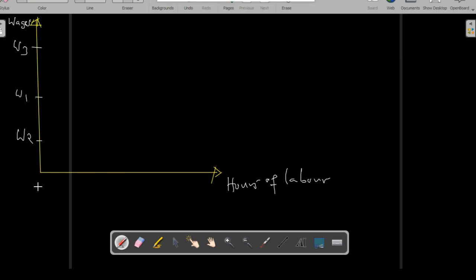We want to demonstrate how, when you pay workers more wages, they leave working and go to leisure, and how absenteeism affects the workplace of a given area. Let's assume we have wage 2, wage 1, and wage 3, and we have the level of output, that is Q1 to Q2.